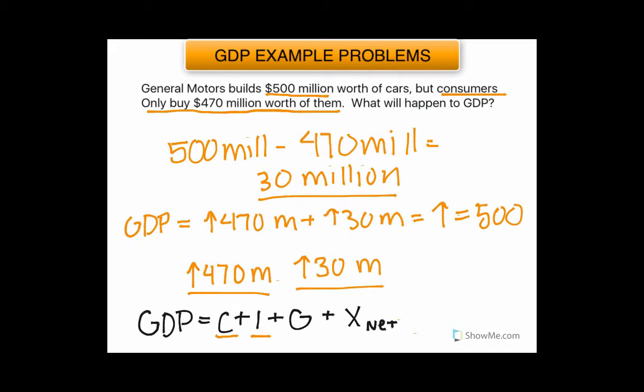So although it might seem that we could have just added in this $500 million worth of cars at the very beginning, it's important that we realize that we need to separate this 500 into 470 and 30 because consumption and investment are two very different portions of GDP. So although our final GDP changed the same amount, the steps we took to get there can be very helpful in addressing further problems.